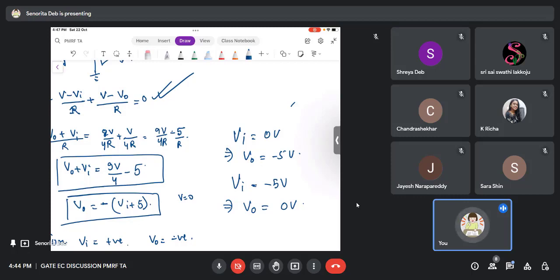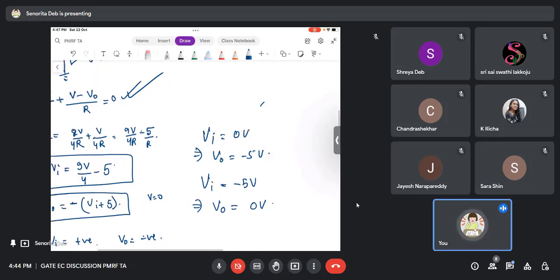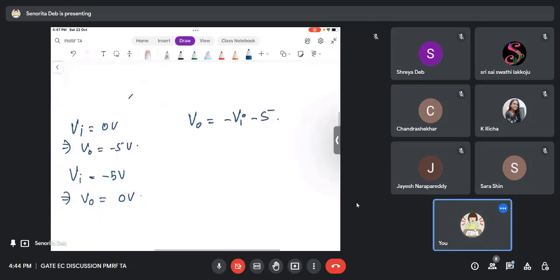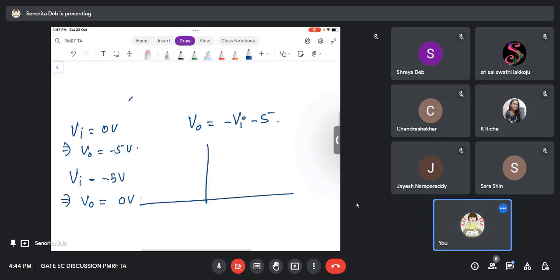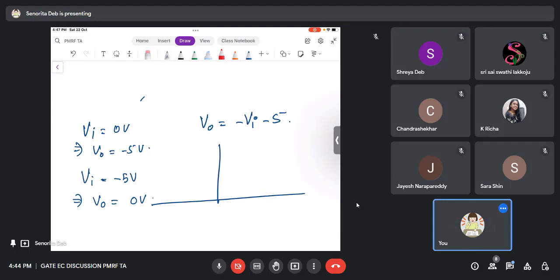So now you have directly V0 equals to minus Vi minus 5. Right? And you can directly draw this waveform. Just let me know if this waveform is something you are able to understand.